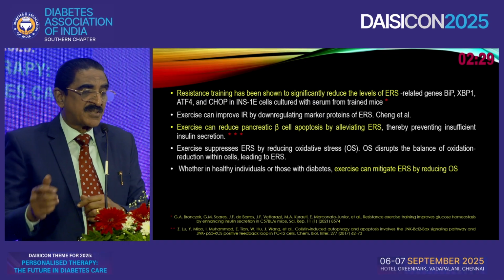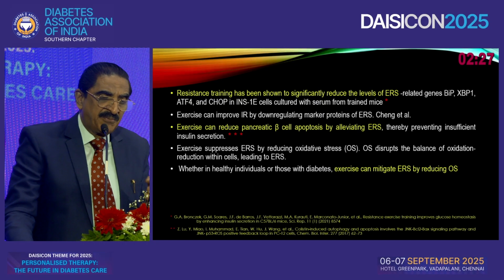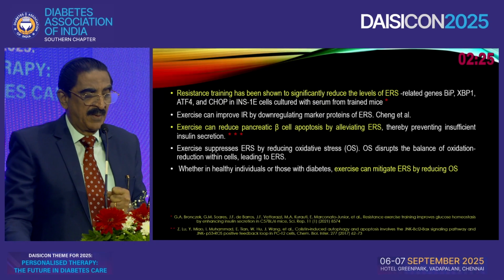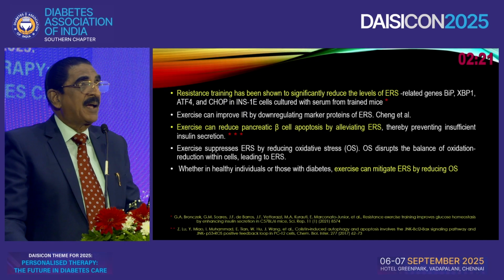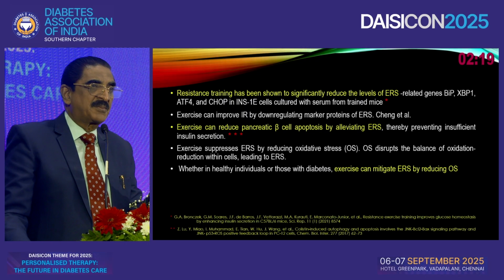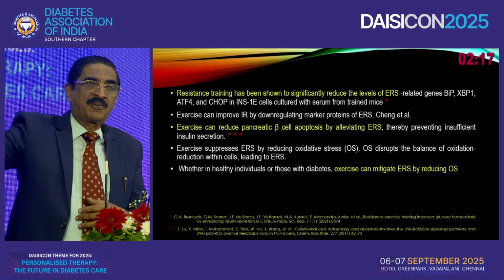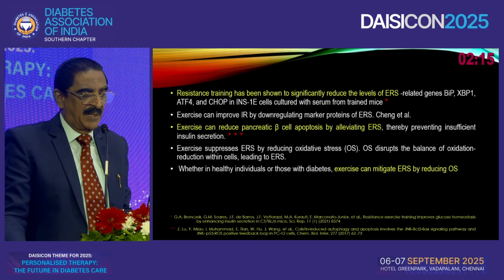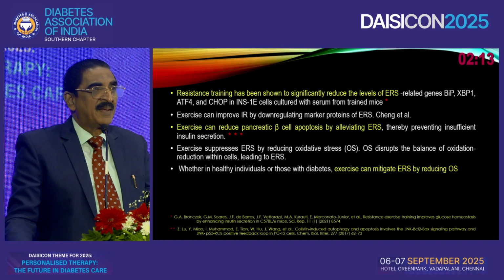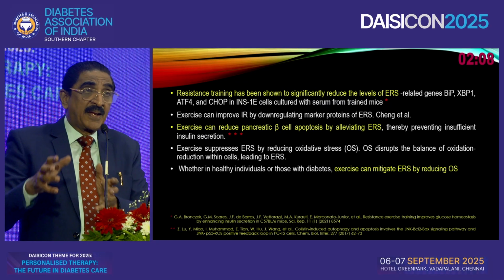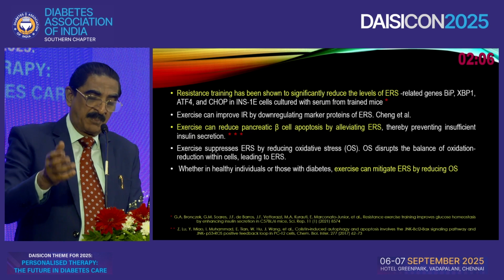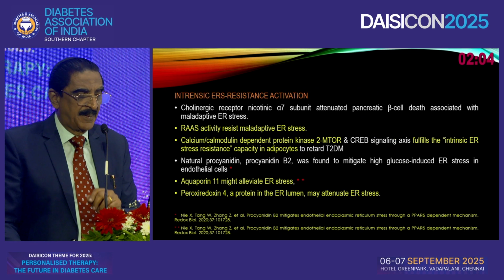Now even resistance training has been shown to significantly reduce the levels of ERS. And exercise can reduce pancreatic beta cell apoptosis by alleviating ERS. So exercise, we say, is going to be acting only at the periphery. It's also protecting the beta cell. So exercise in any form, for anybody, at any point, is going to be beneficial. So this can even mitigate ERS by reducing the oxidative damage.